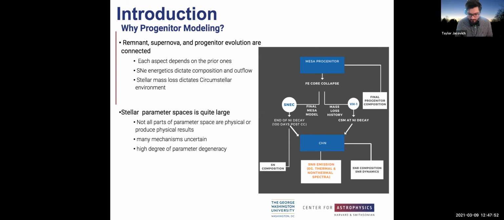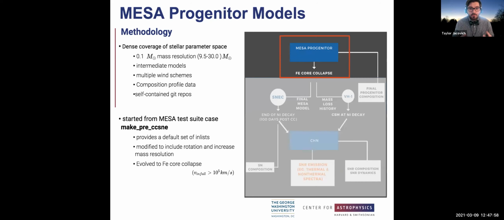But we've worked to take a broad sampling of single star models in this case. We use the MESA stellar evolution code to generate a fairly robust grid of single star models ranging from about 9.5 to 30 solar masses. We would have liked to go lower, but our nuclear reaction network struggled to deal with the certain types of reactions that happen at lower masses.